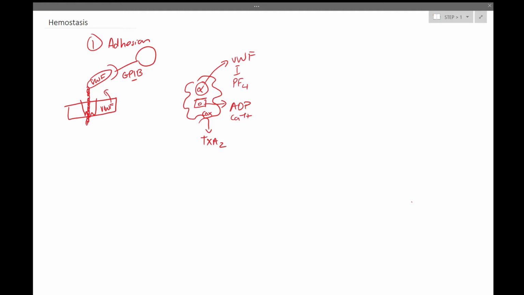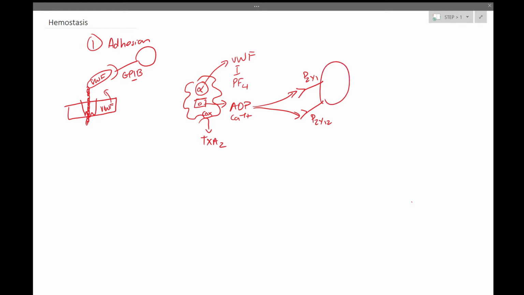Now, from this adhered platelet that has activated, how can we activate further platelets? Well, the ADP that was released from the dense granules will go ahead and bind onto other receptors on another platelet. These receptors are called the P2Y1 receptor and the P2Y12 receptor.